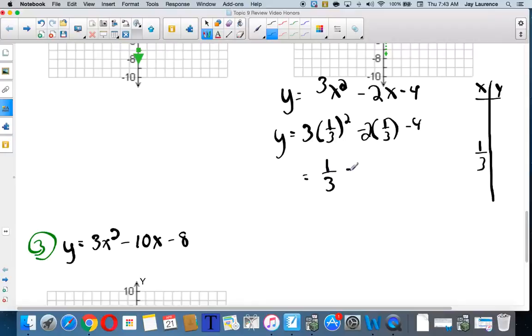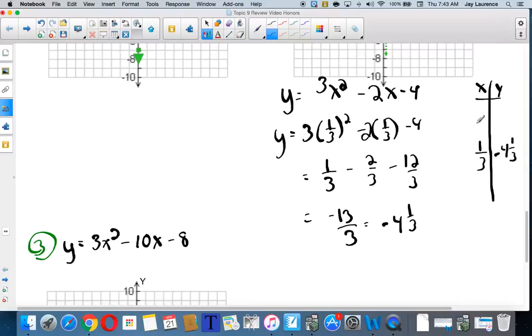And so that's going to be minus 2/3. That's going to be minus 4, although I think I'm going to write minus 12/3 because I'm dealing all in thirds. Okay, so negative 13/3. I don't want to graph negative 13/3, so I'll change that to a mixed number, negative 4 and 1/3.